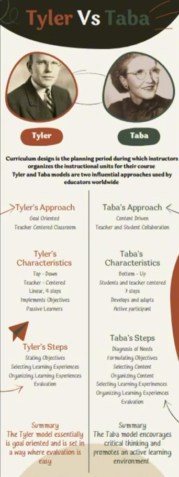And the third step, this step is basically how can these educational experiences be effectively organized? Tyler emphasizes organizing learning activities so they build on each other, from simple to complex, from known to unknown, from concrete to abstract.